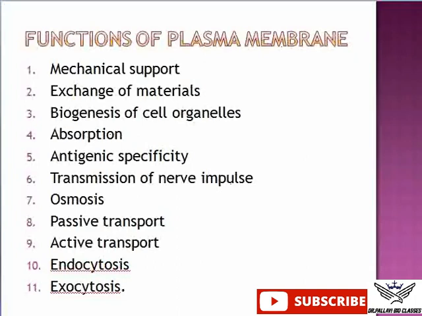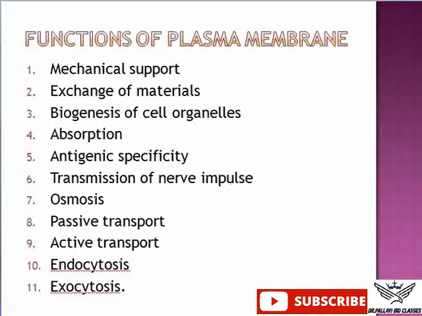The next is the exchange of materials. It helps in exchanging materials from outside to the inside. As it is selectively permeable in nature, it allows the entry of the substances which are required, and if some unwanted substances are present, it sends them out from the cell.